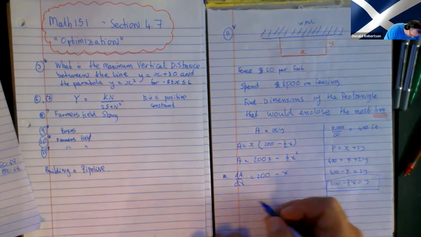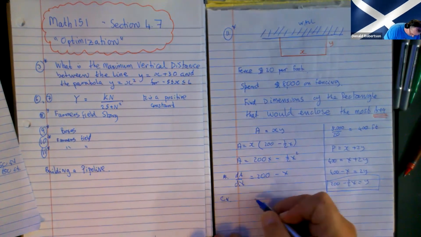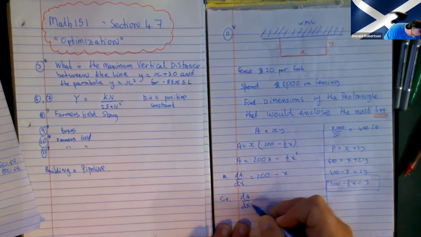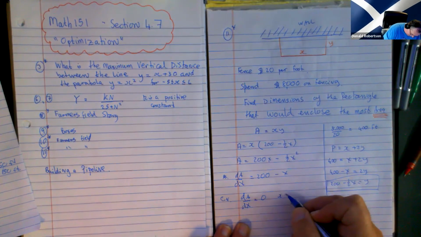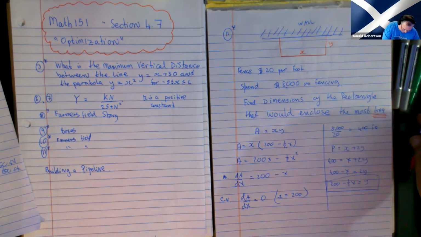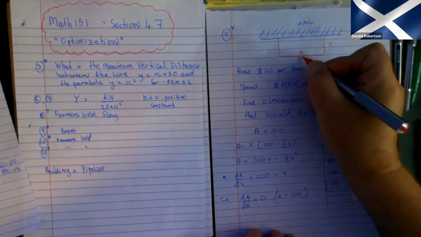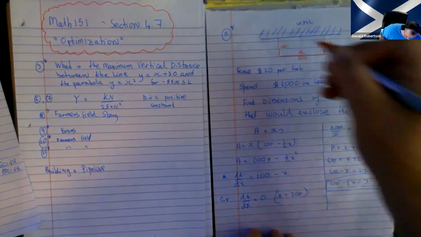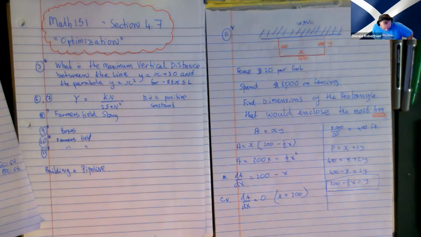Wow, that's an easy one. And then you find the critical numbers. I can do that one in my head. It's 200, which means that guy's 200, and these two guys are 100.